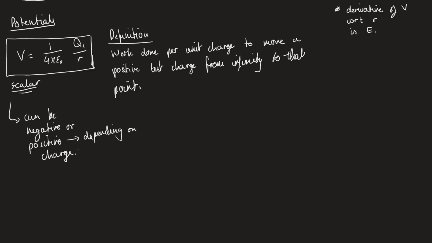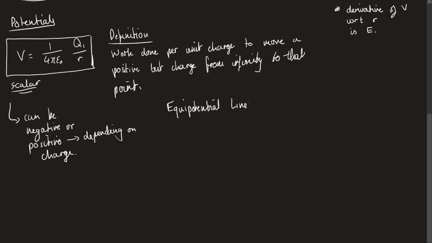If you had a negative test charge in the field, then it would be attracted, so you would have to put in energy to take it in the opposite direction, to move it away from this positive mass or positive charge. Okay, so the potentials can be negative or positive depending on the charge at the center of the field. We can still say we have equipotential lines, but these are slightly different.